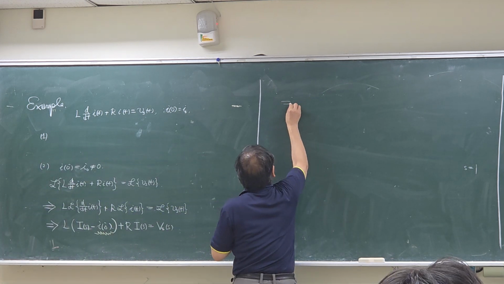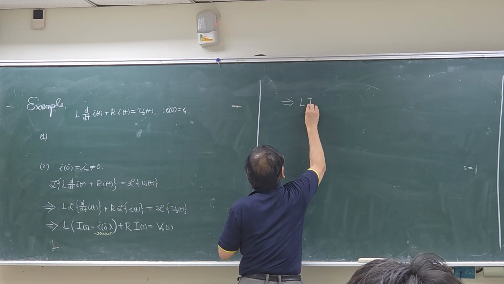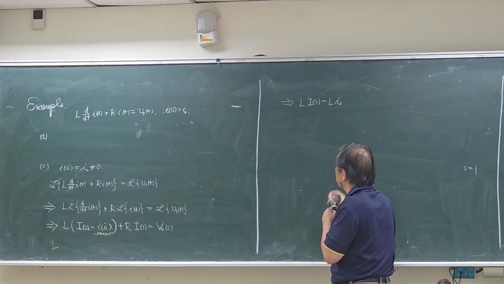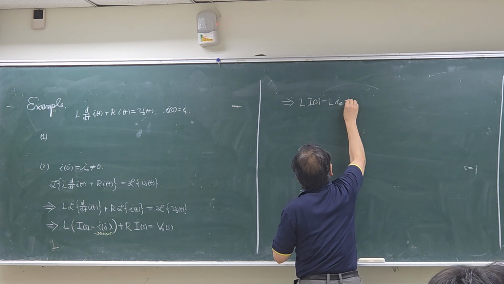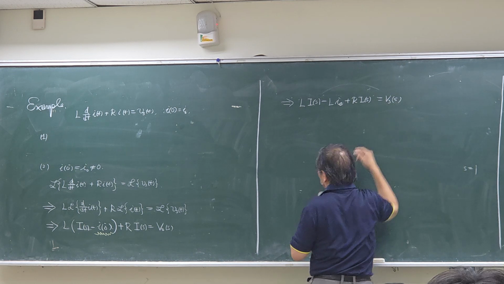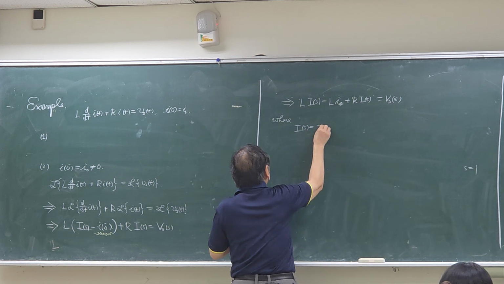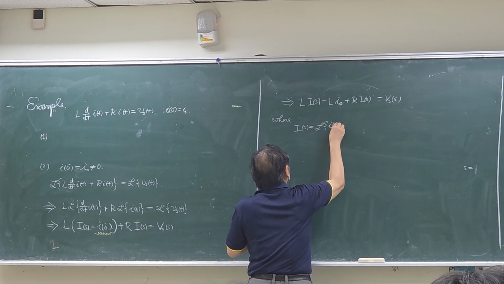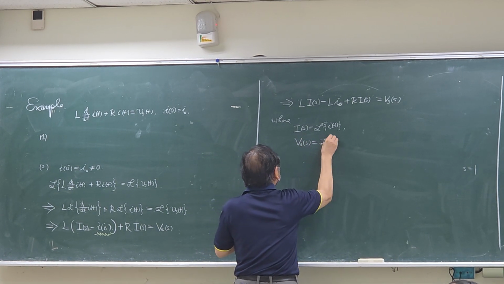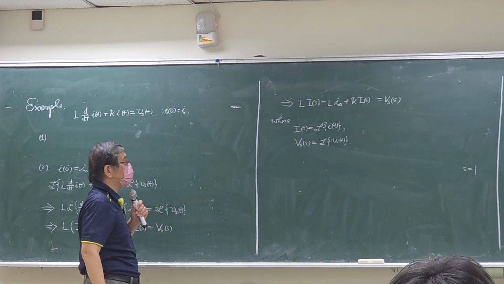So we have L times s times I of s, minus L times the initial value, and then plus R times I of s, equals V of s. Where I of s is by definition the Laplace transform of i of t, and V of s is the Laplace transform of the time function, the input control voltage.